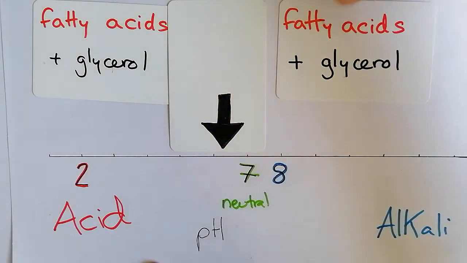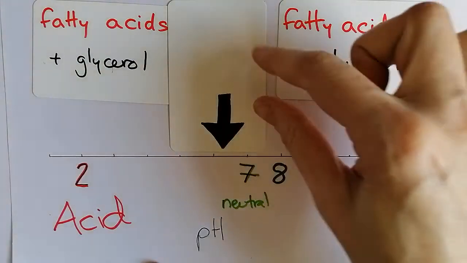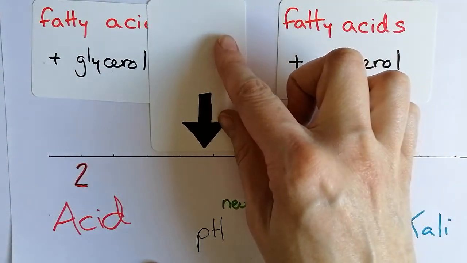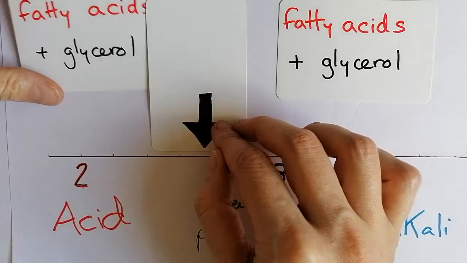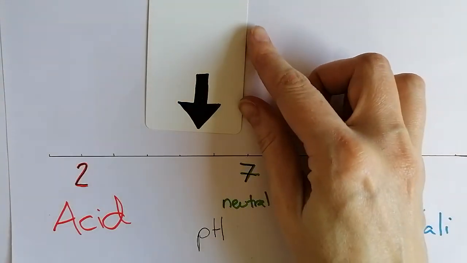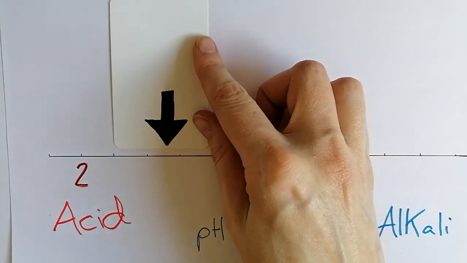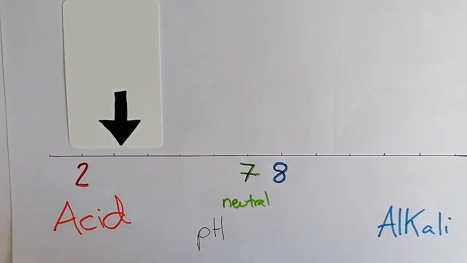If we break down even more of our fat into fatty acids and glycerol, it's going to push the pH even further down toward the acid end. So every time a fat molecule is digested and turned into fatty acids and glycerol, the pH is going to get lower and lower and lower because there is suddenly more acid available in that test tube that you are measuring.